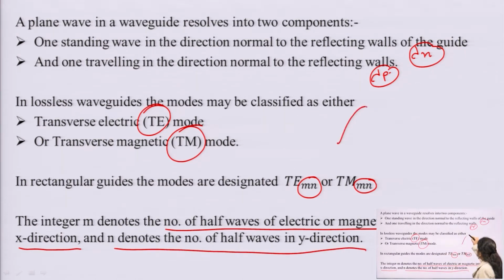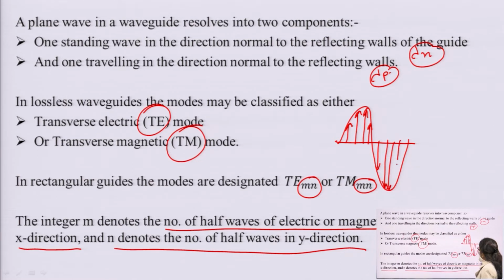So, when we take a wave, this is called the full wave. When we have a full wave, that means one flowing upwards and another flowing downwards.